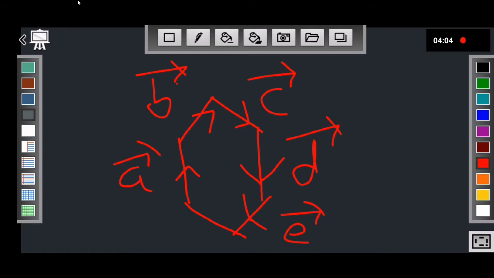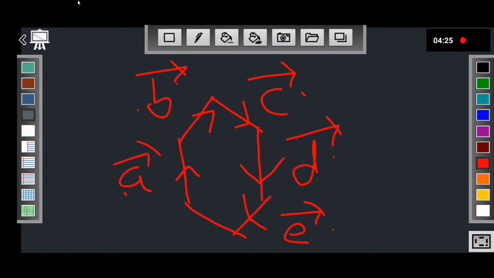So you can see A vector, B vector, C vector, D vector, and E vector are denoted by the sides of this hexagon, taken in the same order. You can see the order of the arrows, and all the arrows are in the same order.